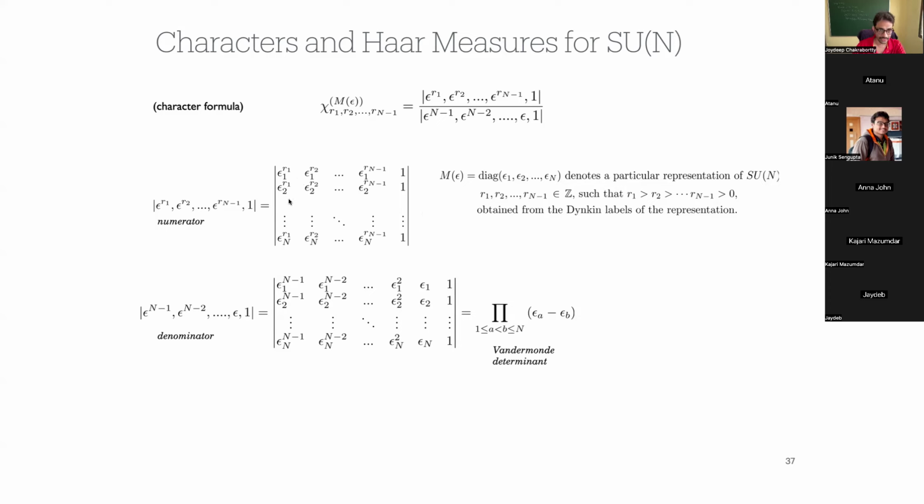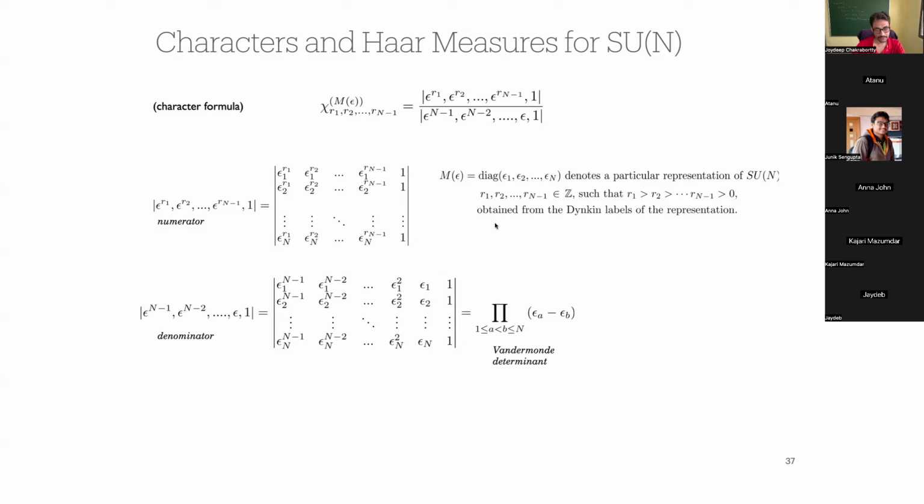They are related to each other, and that's why I said the product of the epsilons is basically 1, and that gives an additional constraint. So though you write down this determinant in terms of N variables, effectively there are N minus 1 variables. And then we have this denominator, which is also written in a particular determinant form, basically epsilon 1 to the power N minus 1, and this N stands for which SU(N) you are working on.